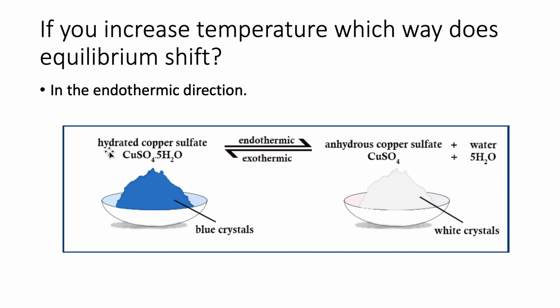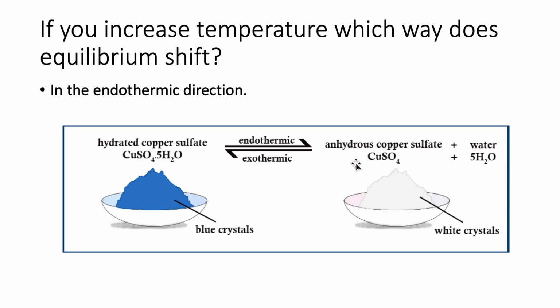But each copper sulfate molecule, you can see this little dot here, is joined to 5 water molecules. And when you heat that, it will absorb that heat, take it in, and the copper sulfate will separate from those water molecules, and you end up with this anhydrous copper sulfate.